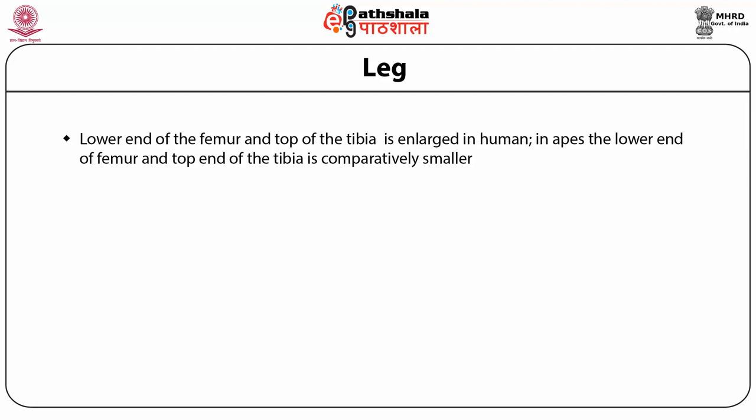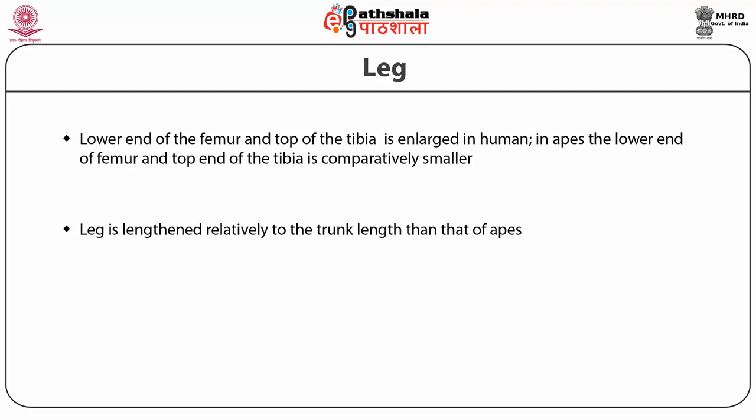However, in apes, the lower end of the femur and top end of the tibia are comparatively smaller. Overall, the leg has lengthened relative to the trunk length compared to apes during the course of evolution. Longer legs are always favored because of increased stride length and efficiency in walking.